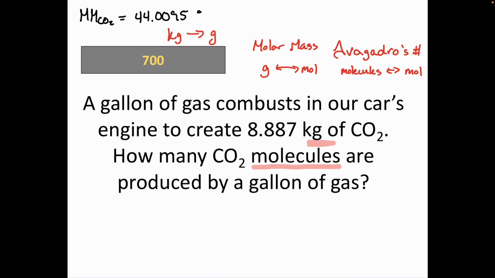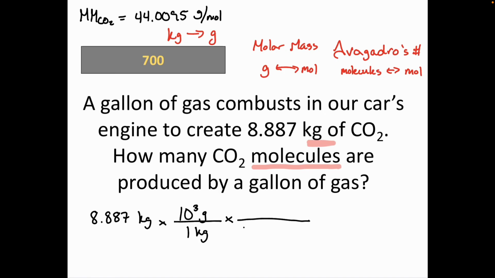44.0095 grams per mole. So I'm going to start with what I have, the 887 kilograms, and I'm going to convert to grams using the fact that 1 kilogram is 10 to the 3 grams. Now I'm in grams of CO2, so now I can use my molar mass.